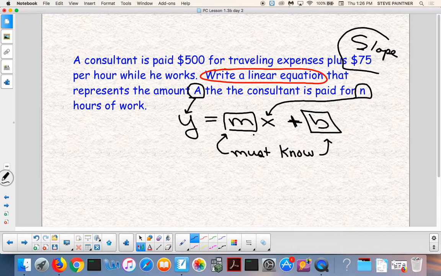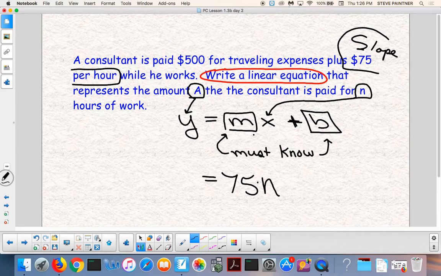I get paid how much? Up 75 every hour. It's a rate. If you're given a rate, it's the slope. It says right here, per what? Per hour. So yes, you're right. $75 per, how many hours did I work? Yeah, they replaced it with N.